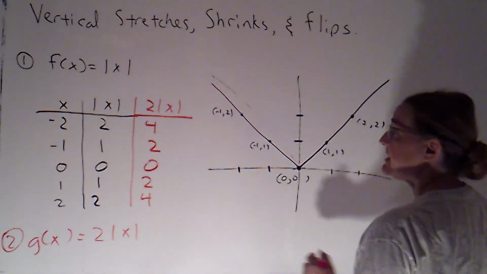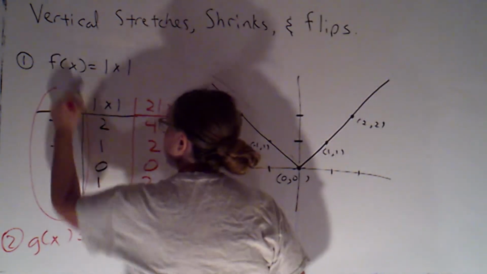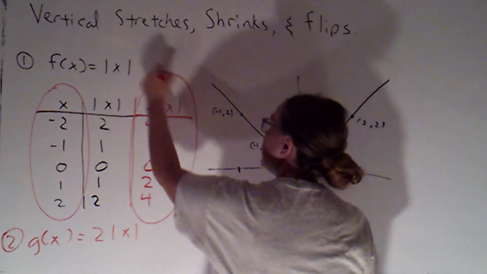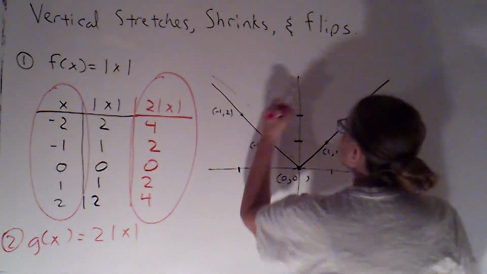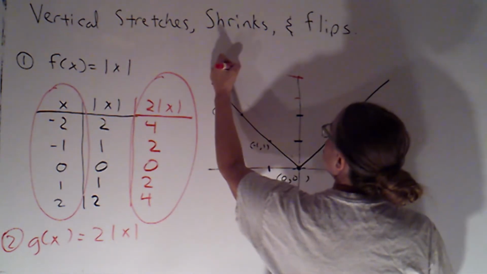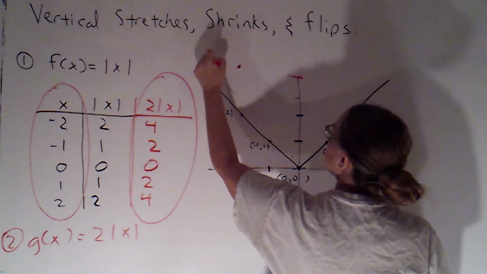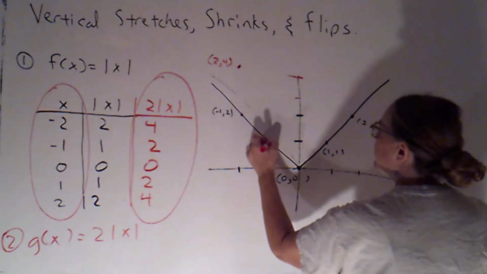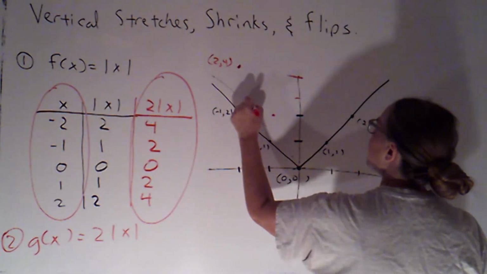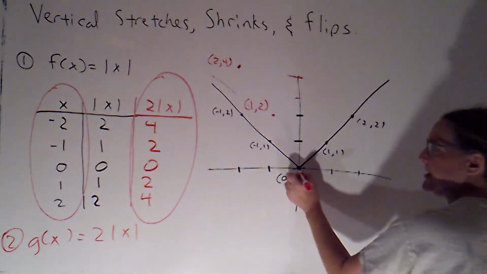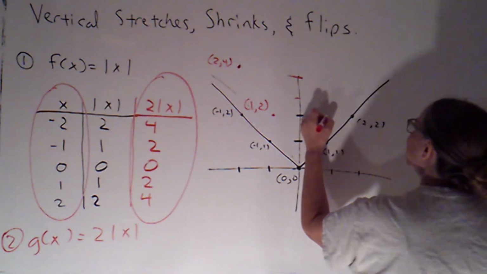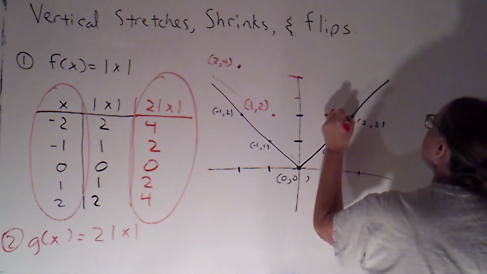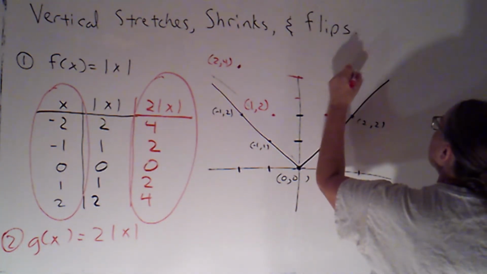Now, if I plot these points, I'm plotting x, and these are the y values for g of x. So this point is twice as high, so this is 2, 4. This point is twice as high, so it's 1, 2. This point is twice as high, but twice as high as 0 is still 0. This is going to become 1, 2, and this will get moved up to 2, 4.